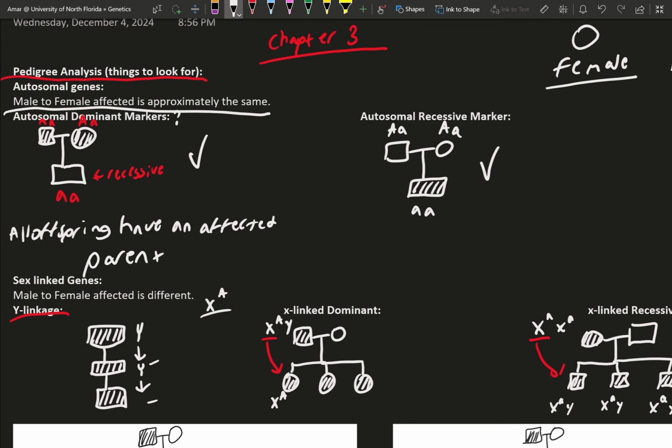And then over here for autosomal recessive, you're essentially skipping some generations. And we're going to go over some clear-cut examples on the bottom for y'all to understand.